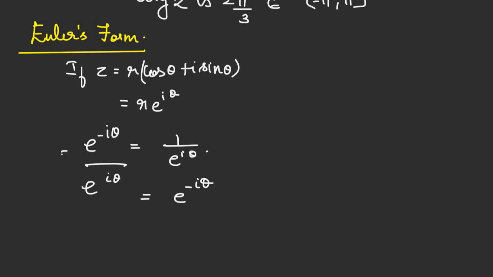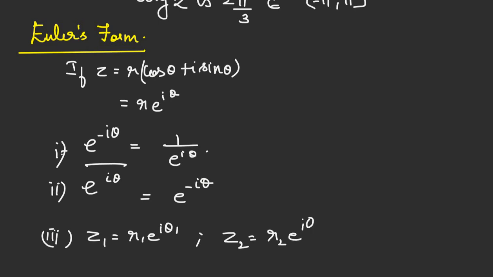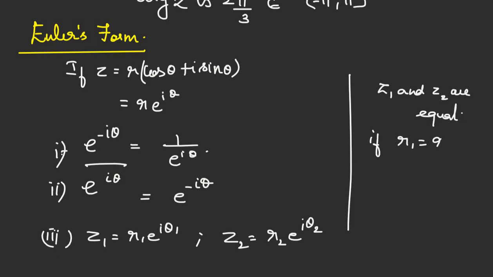And if there are two complex numbers where z1 is equal to r1 e power i theta 1 and z2 is equal to r2 into e power i theta 2, then these two complex numbers are said to be equal only if r1 and r2 are equal, and theta 1 will be equal to theta 2 plus 2n pi, where n belongs to Z.